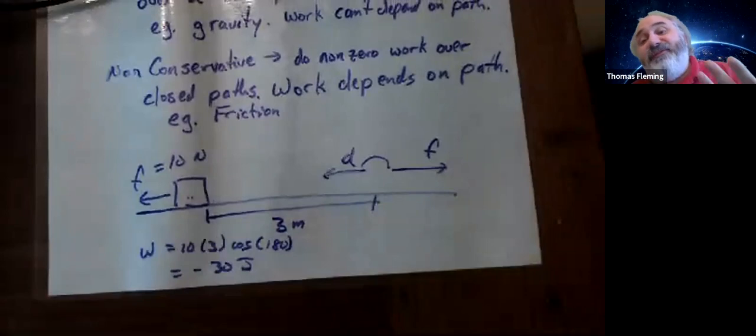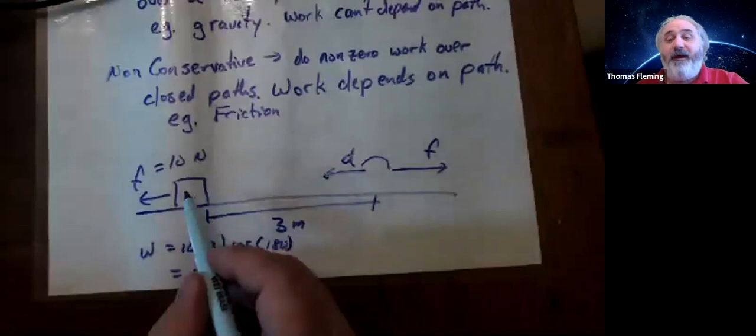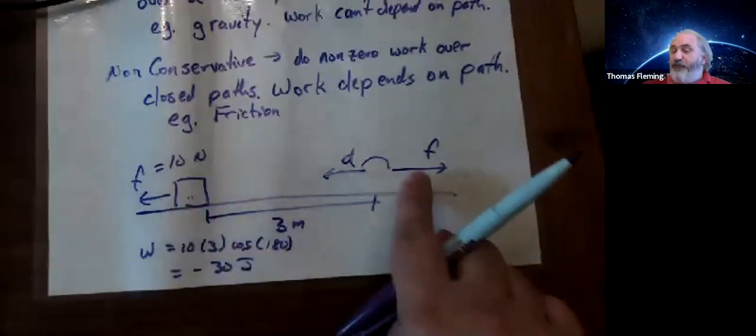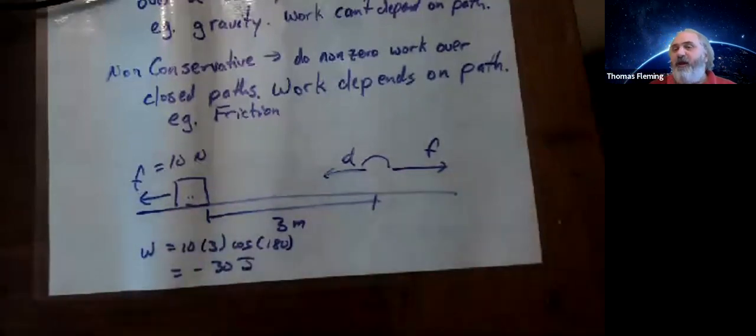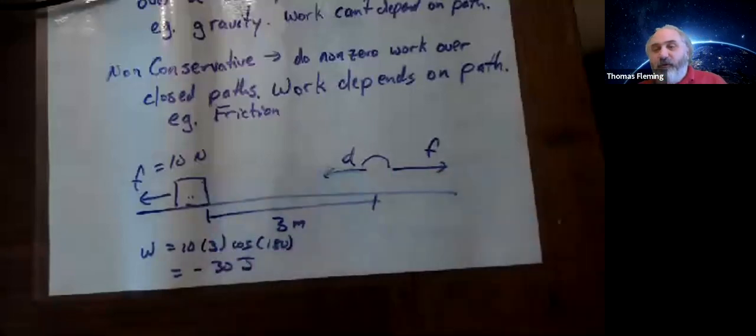So that's a non-conservative force. I went someplace and I came back to where I started. And because the direction of the friction reversed when I changed direction, it was doing negative work the entire time. And that's important because it means the path I take matters. If I had scooted it further out and then scooted it further in, going over that longer path would have meant more negative work.